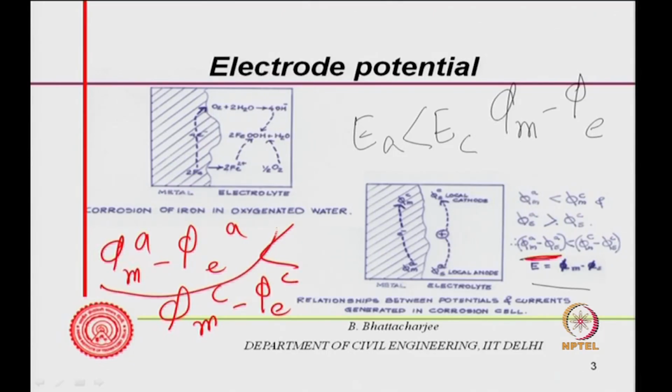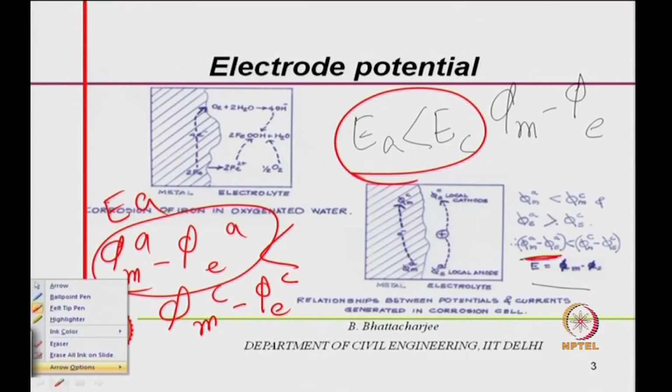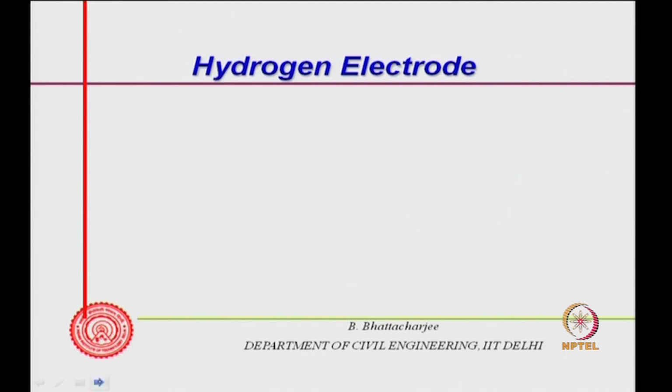So, electrode potential E a is less than E c. So, the electrode potential at the anode is lower than the electrode potential at the cathode. So, that is what we call electrode potential. It is the difference between the potential of the metal and the electrolyte at any electrode.